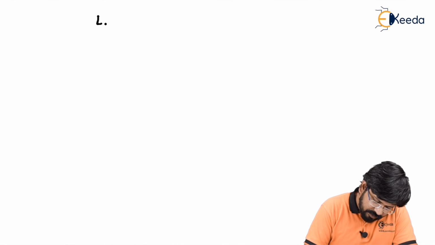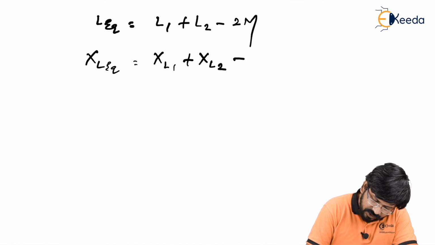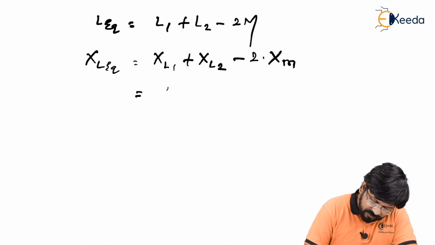L equivalent between L1 and L2 is L1 plus L2 minus twice of M. Or you can write this also as XL equivalent should be equal to XL1 plus XL2 minus twice of XM. Am I right? What is XL1 provided? As you can see in the figure, it is given as 8 plus 8 minus twice of XM.